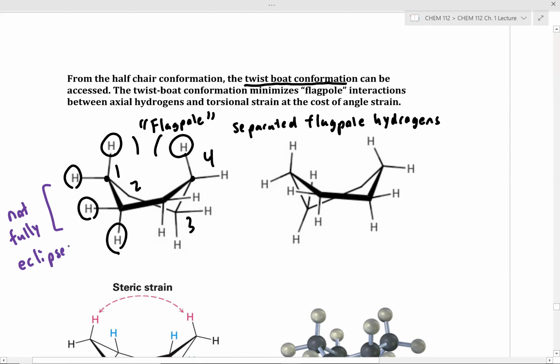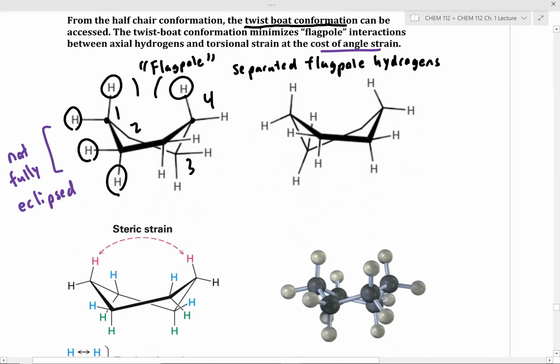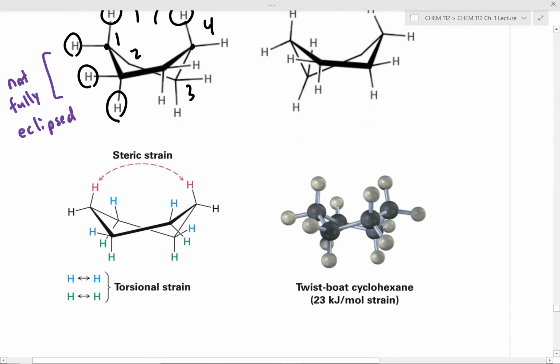So as a result, although the twist boat conformation does experience a little bit of angle strain, we are distorting our bond angles. We are paying a bit of a penalty. We have minimized some steric strain. So really just to help showcase this idea, we have minimized our potential steric strain from our flagpole substituents.